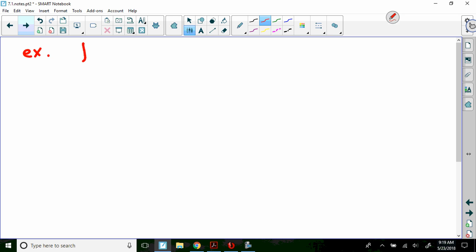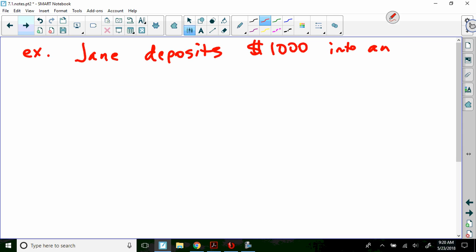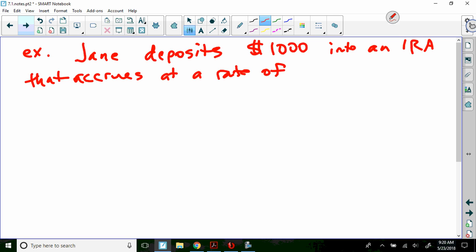Example. Jane deposits $2,000. Well, we'll make it $1,000. Jane deposits $1,000 into an IRA that accrues at a rate of 5% per year.